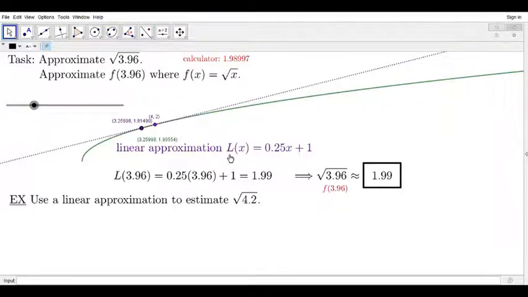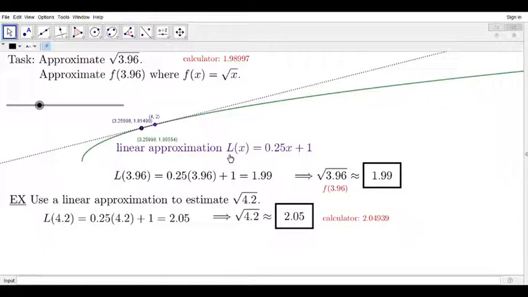L of x is equal to 0.25x plus 1. So L of 4.2 is 0.25, with x replaced by 4.2, plus 1. The result is 2.05. So therefore, the square root of 4.2 is approximately equal to 2.05.